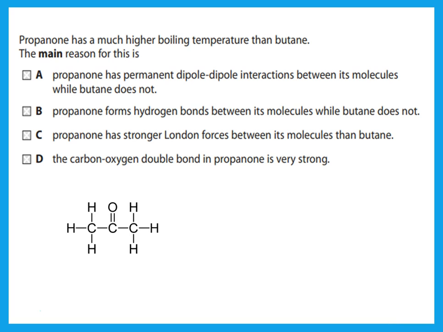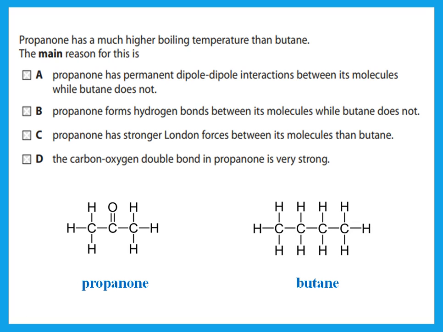Propanone, what is propanone again? That's propanone. It has a much higher boiling temperature than butane. Now, why is it that a ketone will have a higher boiling point than an alkane? Because propanone has permanent dipole-dipole interactions between its molecules, while butane will have only the weak van der Waals forces, so propanone has a higher boiling point.